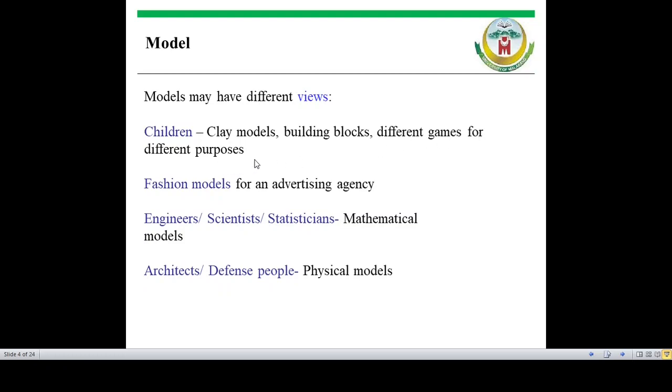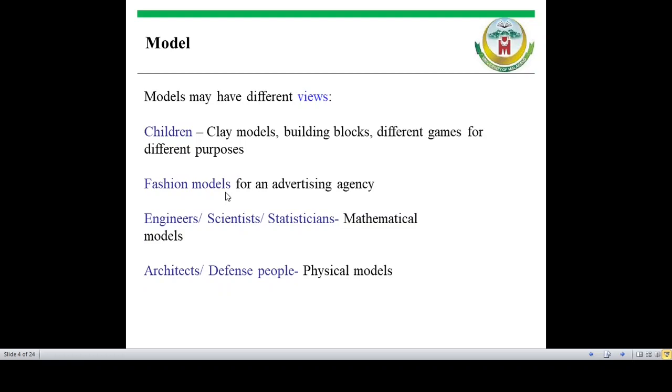Fashion models for an advertising agency: when there is an advertisement about shoes or clothes or whatever it may be, these fashion models actually model the main system, and the main system are the clients.